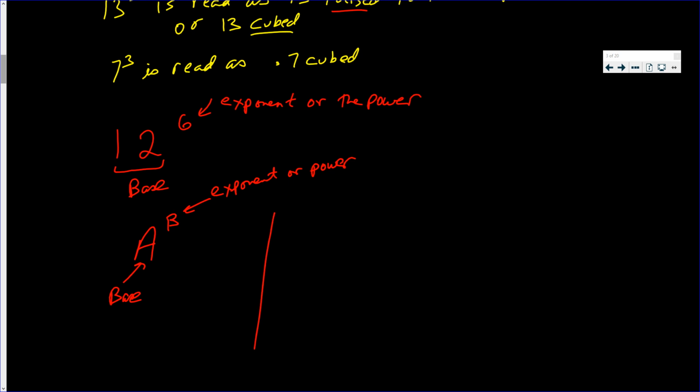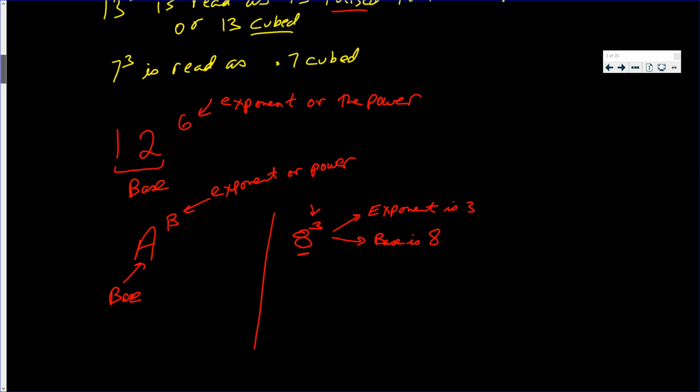So if I asked you in this expression to identify the base and the exponent, you can say that the exponent is 3, and the base is 8.